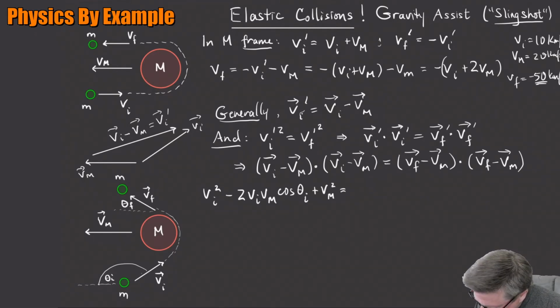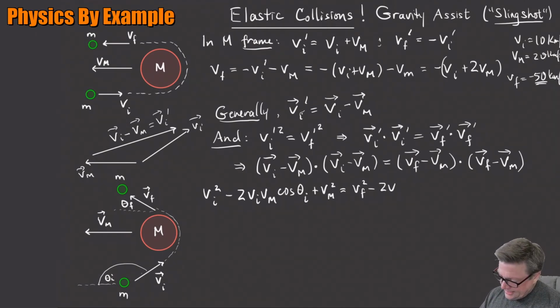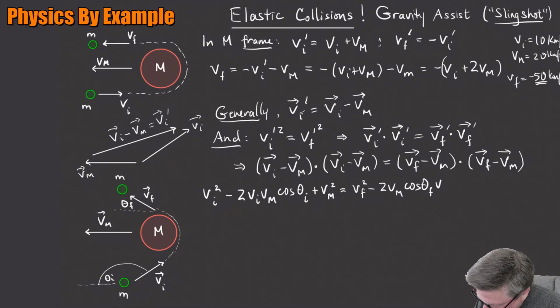And then let's do it on the other side. So it's going to be Vf squared minus 2. I'm just going to rearrange this term a little bit. This is going to be Vm cosine theta final, Vf cosine theta final.